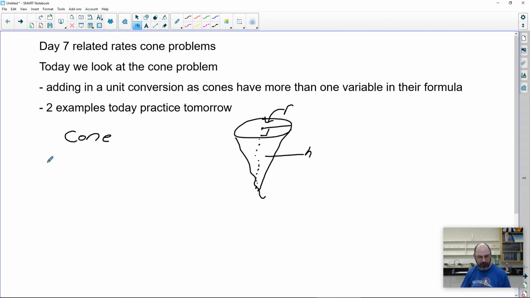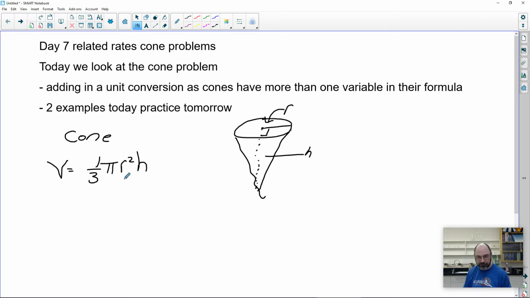So the volume of a cone is equal to 1/3 pi r squared times the height. And that's our radius. That is our formula for volume.